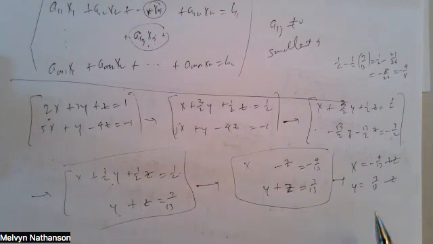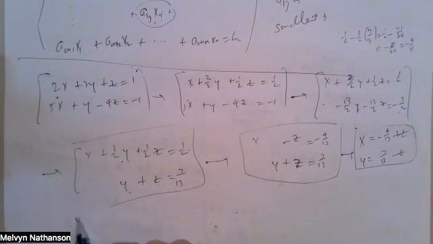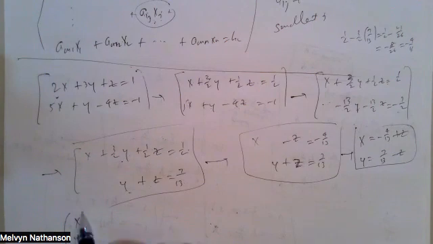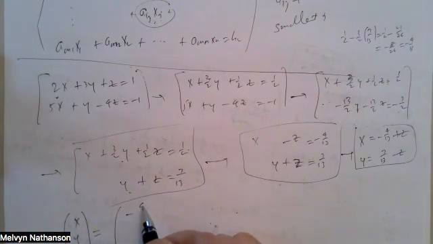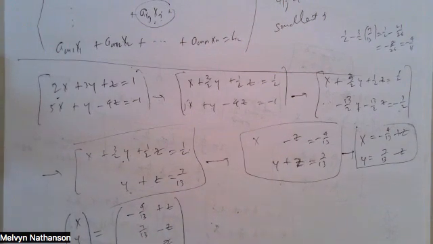So in any solution x, y, z, x and y satisfy these conditions. So every solution of the system of equations is of the form x is minus 4 over 13 plus z, y is 7 over 13 minus z, and z is equal to z.